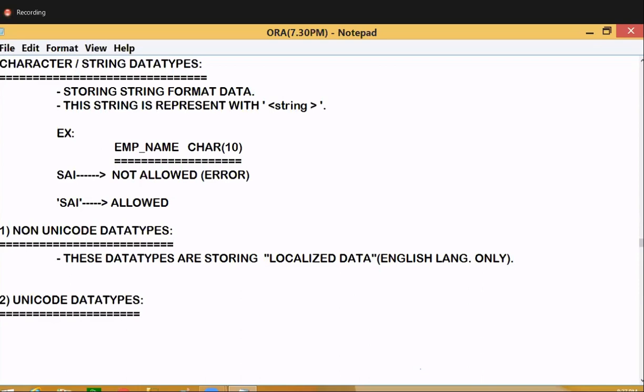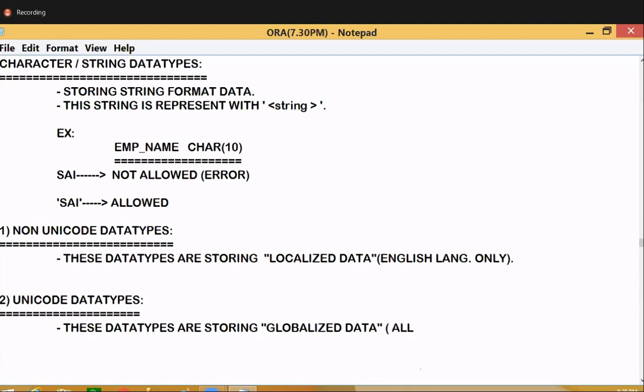Uni means universal code characters, universal supported characters. So simply I can say these data types are storing universal. Universal means what now guys? Globalized data.